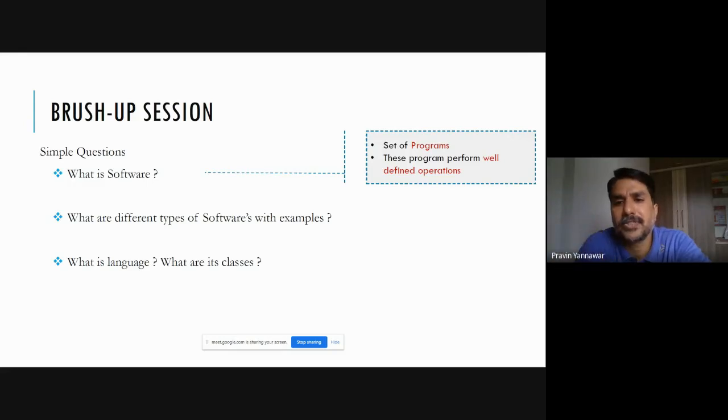Every application software is designed for a particular purpose. For example, Microsoft Word is an editing tool, whereas Microsoft PowerPoint is a presenting tool. Their purposes are different.